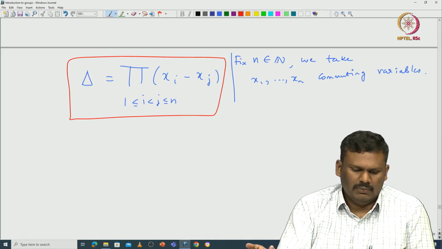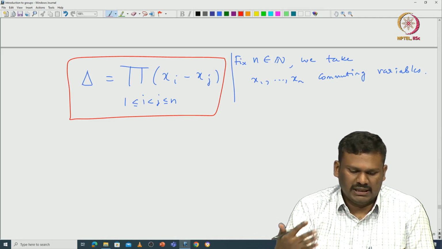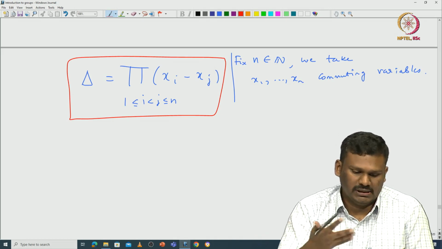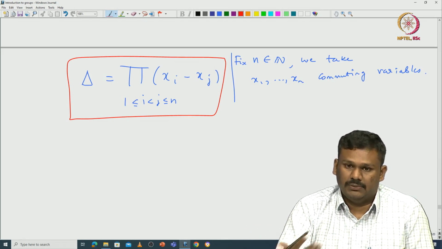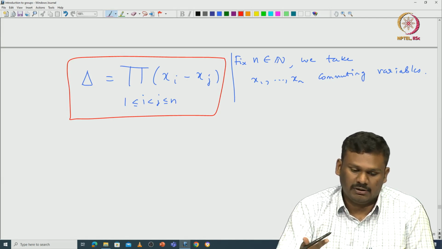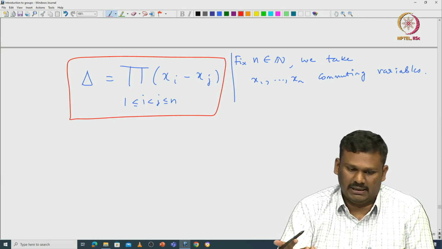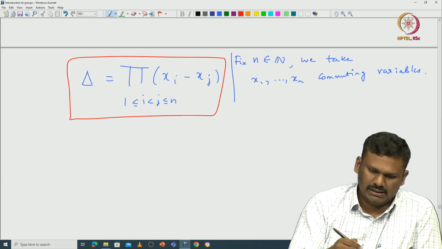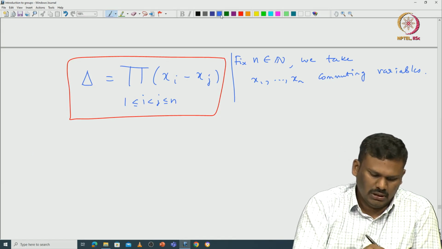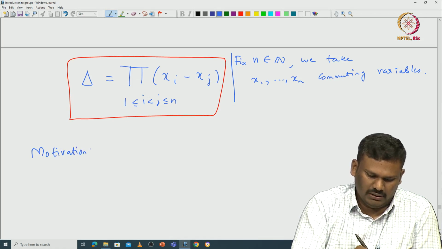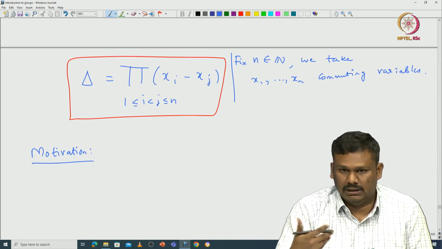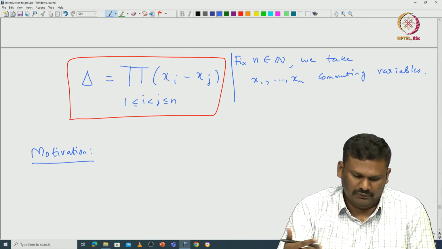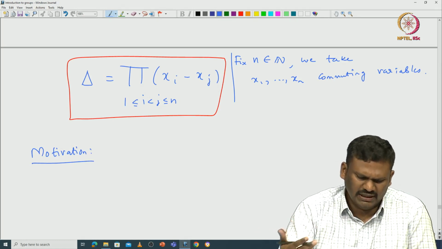But before introducing the definition of the sign map using this delta, let me tell you where this delta comes from. This delta indeed comes from the determinant of the Vandermonde matrix. Here is the motivation. Again, there is no other way to define sign without involving the determinant, because the determinant and sign maps are very closely related.